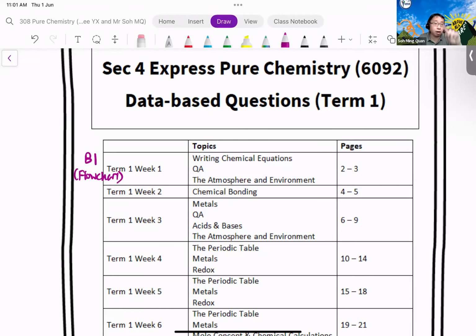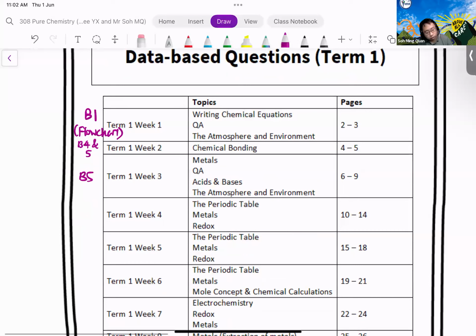So term 1, week 1 is a flow chart. You need to revise this. How do you read the flow chart and extract information? Term 1, week 2 is skill number 4 and 5, which is to provide reasoned explanations and identify patterns. Term 1, week 3 is skill number 5, providing reasoned explanations. Term 1, week 4 is 4, 5, and number 7, solving problems as well.